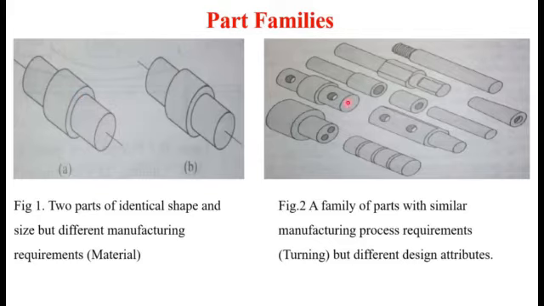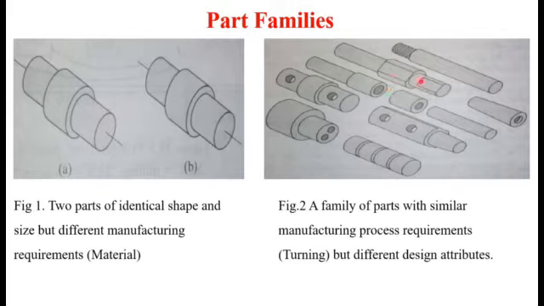In the second part family we can see various components which are produced by a turning process. Therefore the manufacturing process requirement, that is turning, is similar here. It is a part family having similar manufacturing processes required, but different design attributes are also there. In some components, like here and here, a milling operation is required, and some drilling holes are required here.